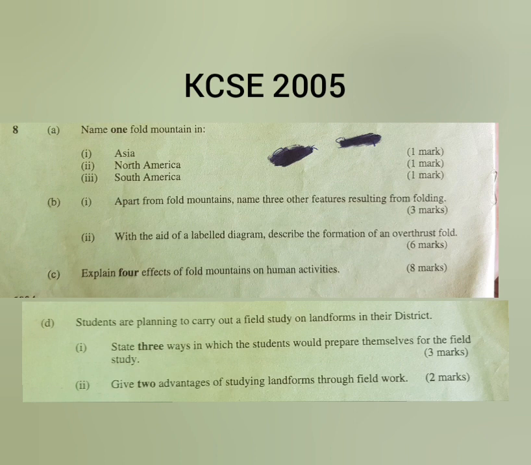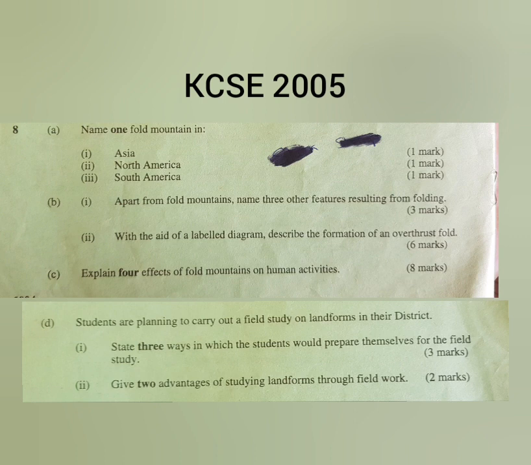Can you be able to give a fold mountain in Asia? So in Asia, you can give an example of the Himalayas. What about North America? North America, we can talk of the Rockies. We also have Appalachians. South America, we have the Andes. So if you did that, then you got your 3 marks.